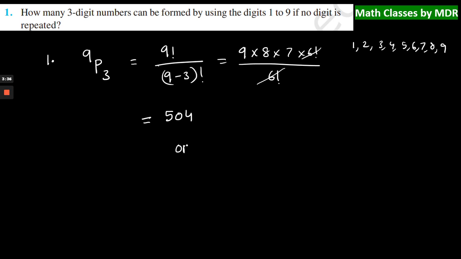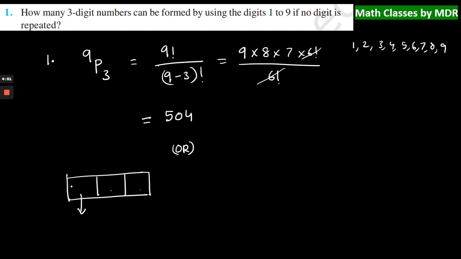Or can we check that in the general way we have done it in exercise 7.1? Let us check that method as well. Here we are trying to form 3-digit numbers, and there are a total of 9 digits available. You take any digit here, either units place, tens place or hundreds place.